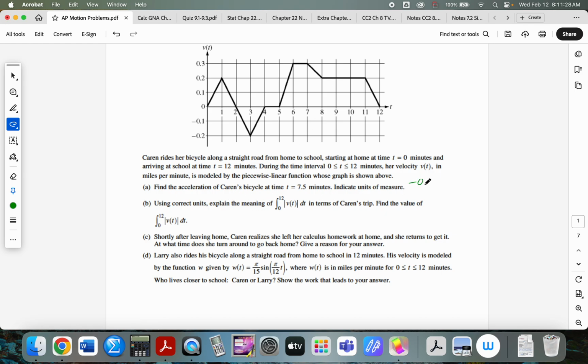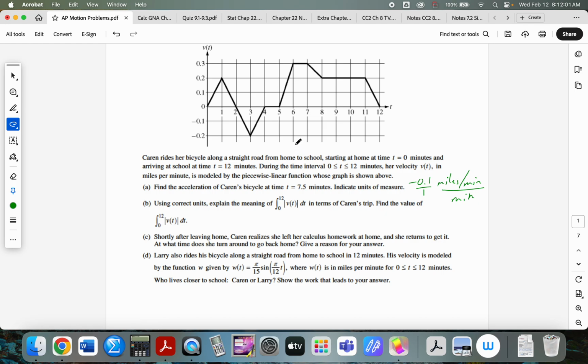So it's negative 0.1 over 1, and it is miles per minute per minute, because it's the rate of change of miles per minute. And if you want to write miles per minute squared, that's not a problem.